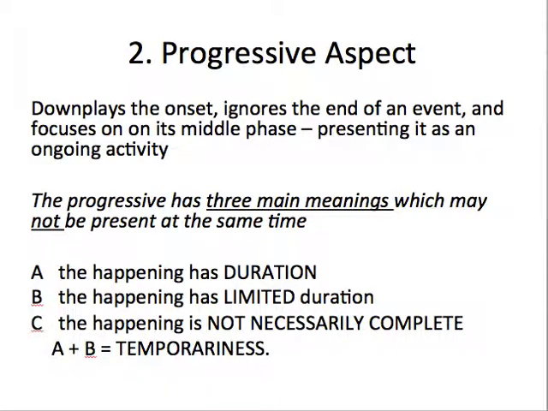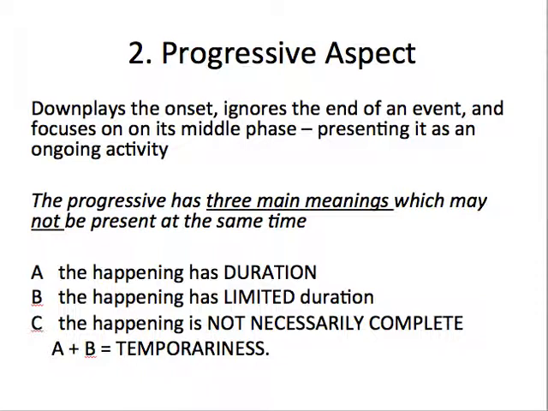If we look at the progressive aspect, as we've said before, this downplays the onset and ignores the end of an event and focuses on its middle phase. And it's presenting it as an ongoing activity. Progressive really has three main meanings which may not be present at the same time, or some of them could be present, some not.